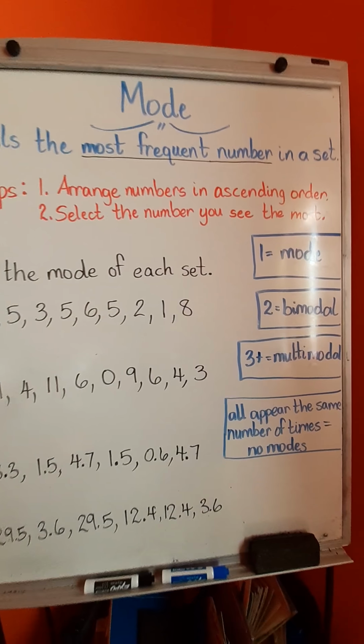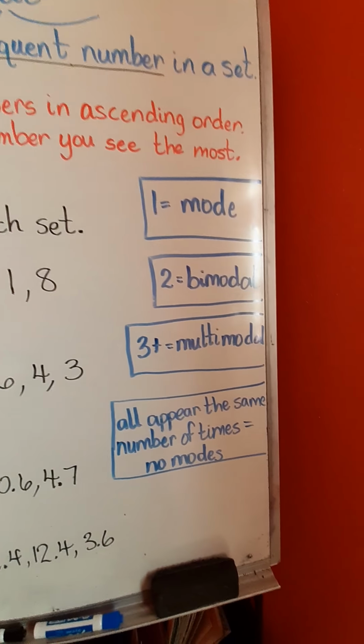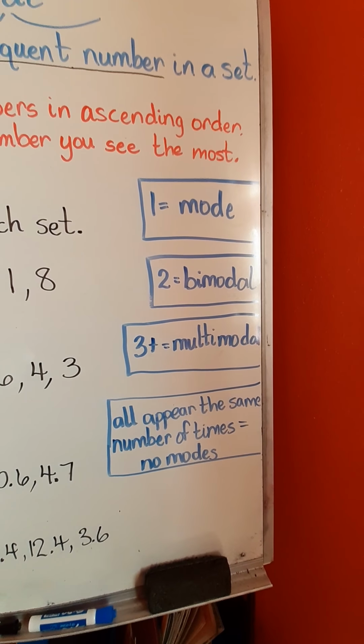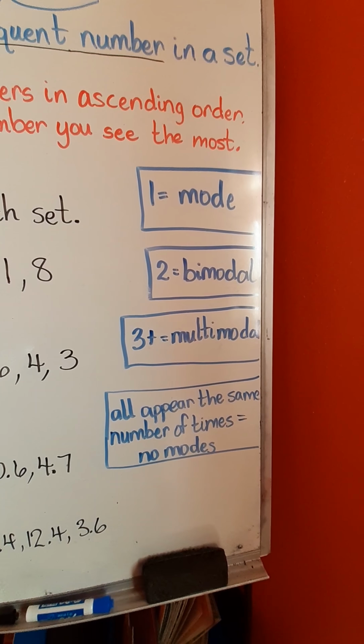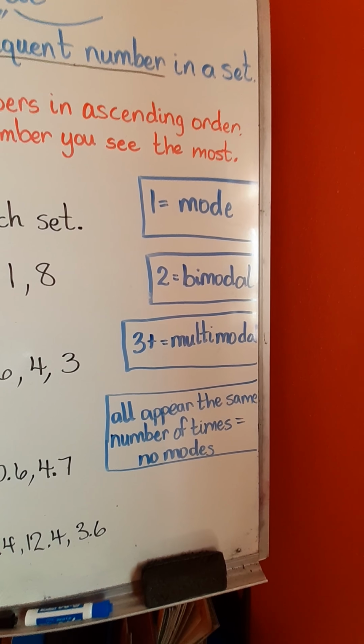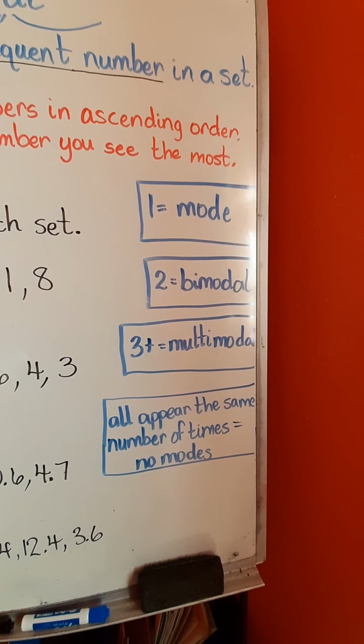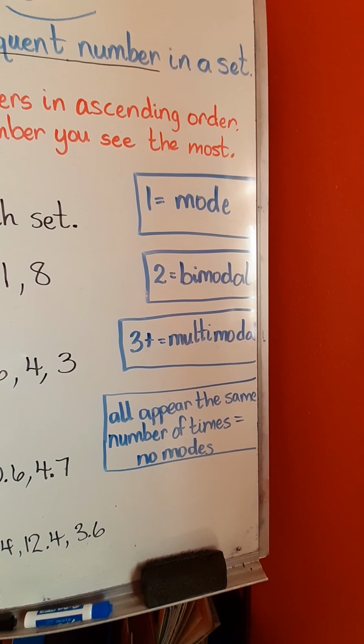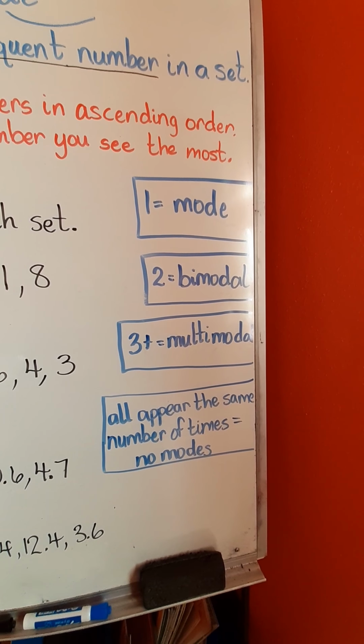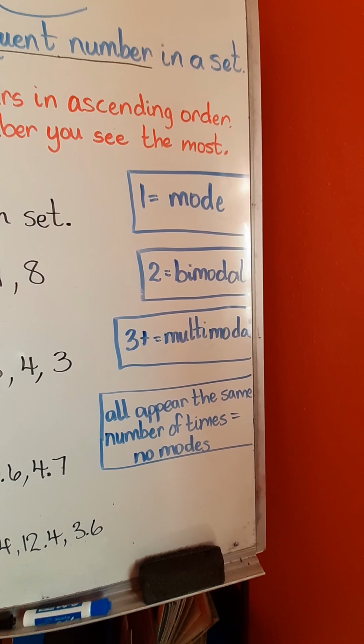I decided to put on the right-hand side of the screen the different terms used in mode. If you have one number that you see the most, it's the mode. If you have two numbers that you see the same amount of times, it's called bimodal.